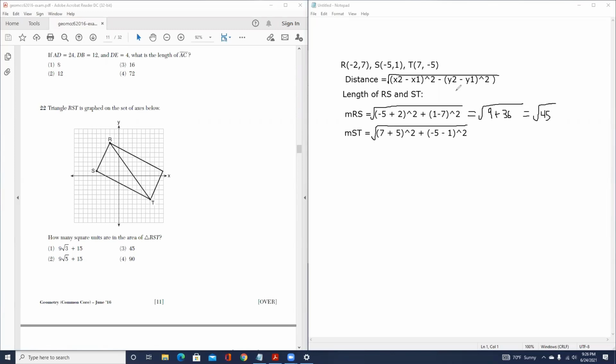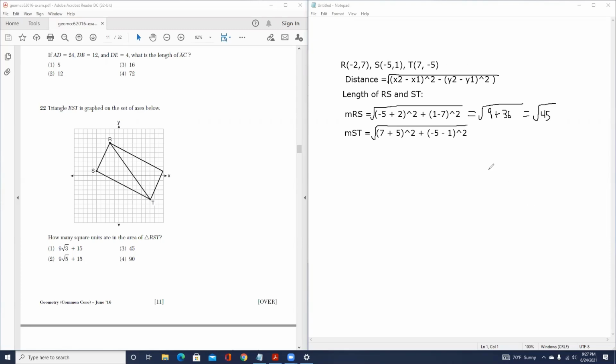In this case, 7 is our x2 from point T, 5 is our x1 from point S, but it's being subtracted, so we're adding it here. And -5 is our y2 from point T, and -1 is our y1 from point S. It's being subtracted, so that's why we're making it a negative number.